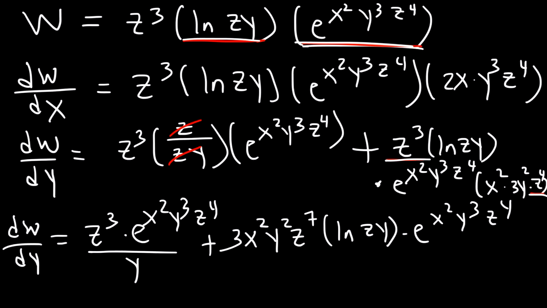If you want to, you can factor out x squared y cubed z to the fourth, and you can also take out z to the third if you want to. But we're not going to worry about that, so I'm just going to leave the answer the way it is.